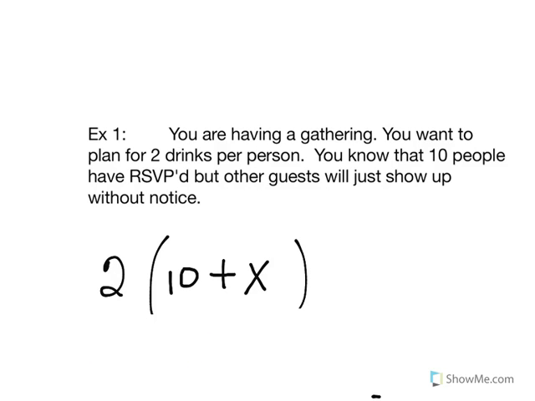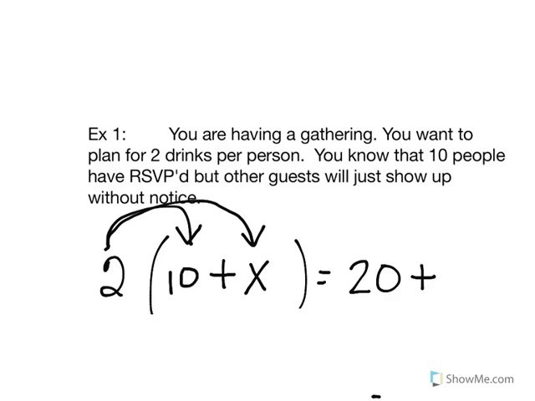We can still say, well, we'll need 2 drinks for each of those 10 people. We'll need 2 times 10, 20 drinks. And we'll need 2 drinks for each of those other people. So we're going to need an additional 2 drinks times however many people that is.